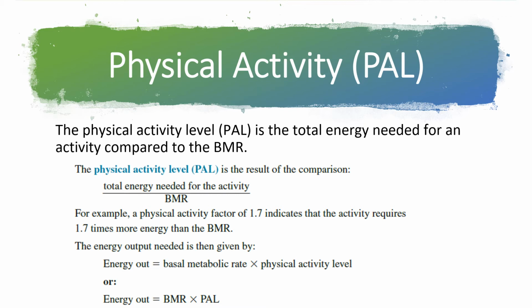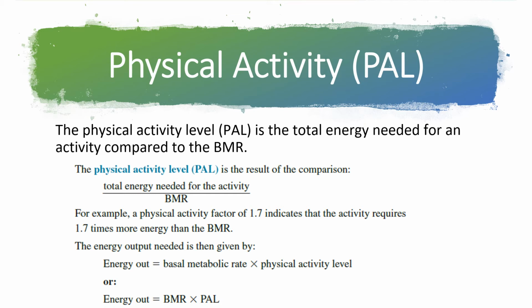Physical activity level, otherwise known as PAL. The physical activity level is the total energy needed for an activity compared to the BMR. So the physical activity level, or PAL, is the result of the comparison between total energy needed for the activity and the BMR.